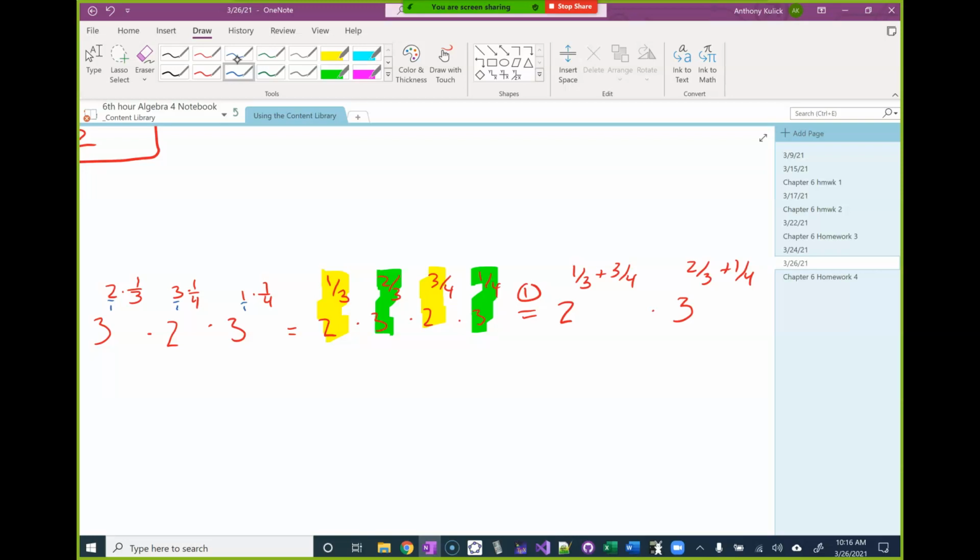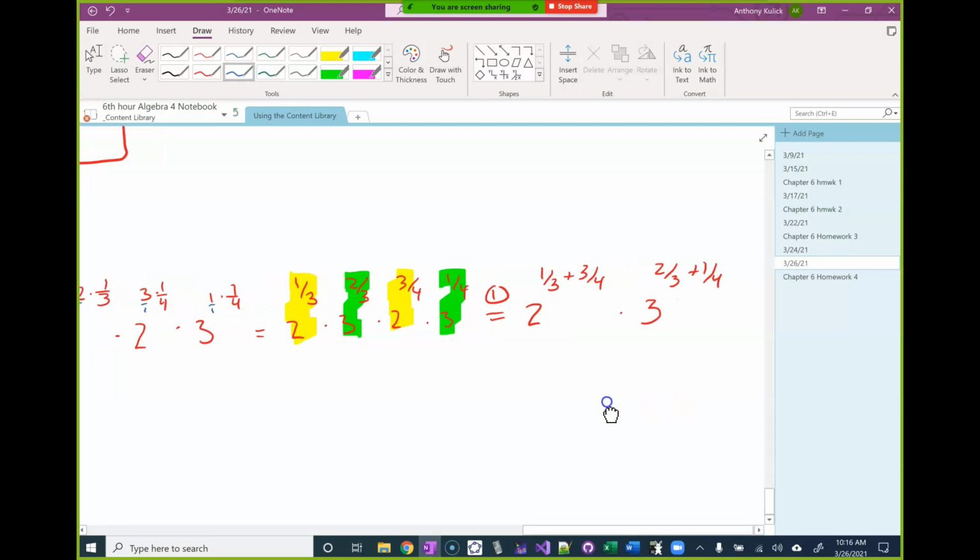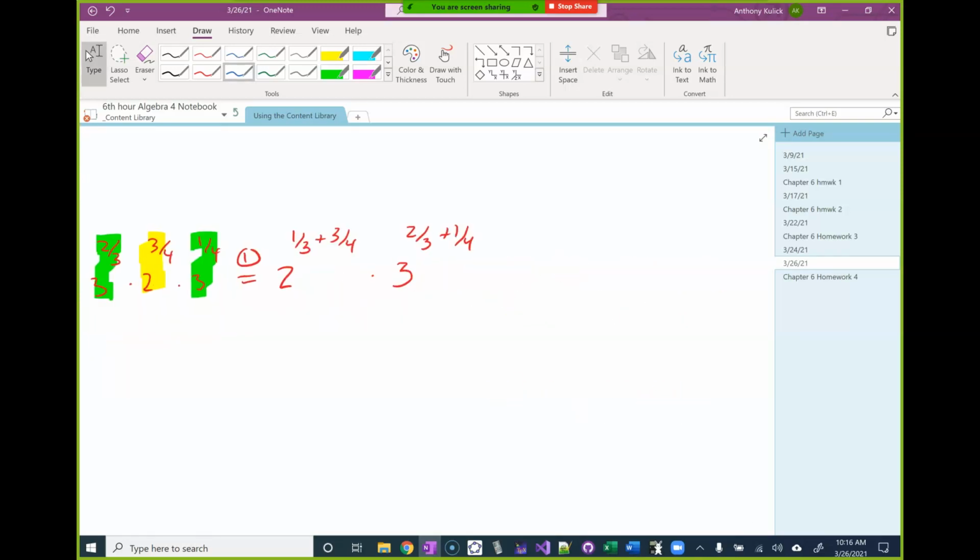Everybody's okay with that? Now to add these fractions, we need a common denominator. 12 is the common denominator. So I'll multiply the first fraction by 4/4 and the second one by 3/3.